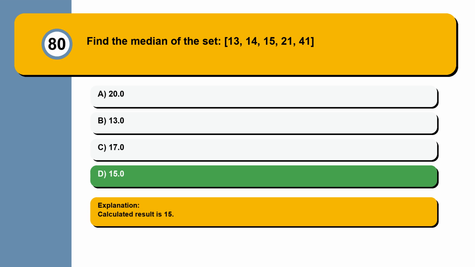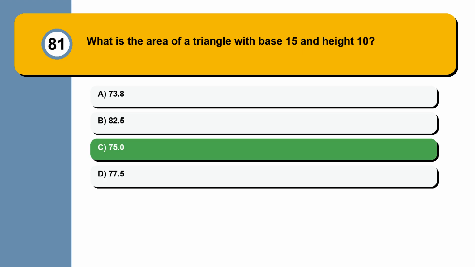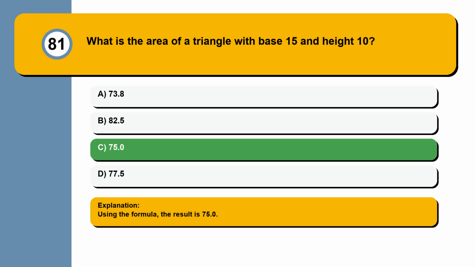Calculated result is 15. Question 81. What is the area of a triangle with base 15 and height 10? 73.8, 82.5, 75.0, 77.5. Using the formula, the result is 75.0.